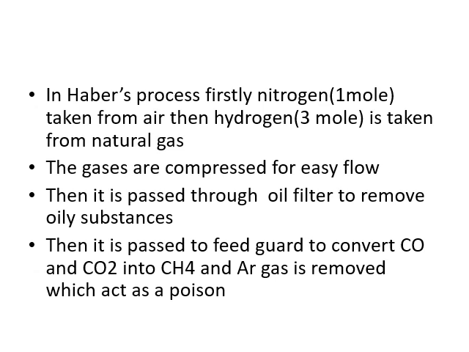in the flow sheet diagram, the following points are written here. So in Haber's process, firstly the nitrogen is taken from the air, then hydrogen is taken from the natural gas. It is collected in one place, the gases are compressed for the easy flow, then passed through the oil filter to remove oily substances, then passed through the feed guard to convert carbon monoxide and carbon dioxide into methane, and argon gas which acts as a poison is removed.